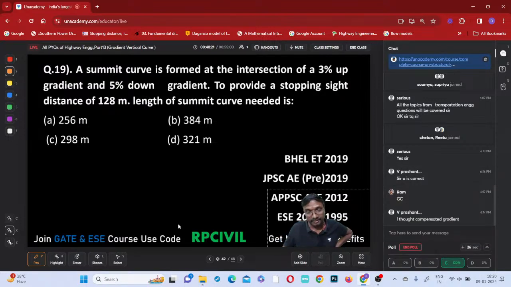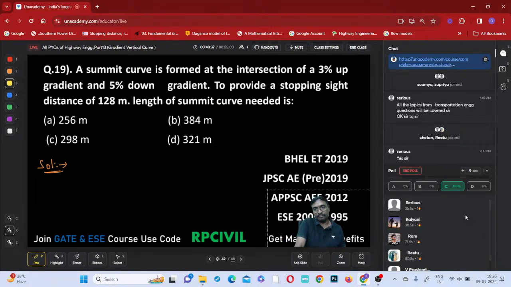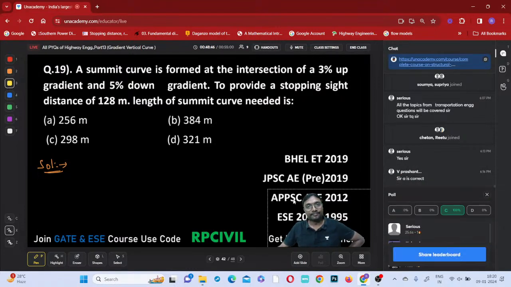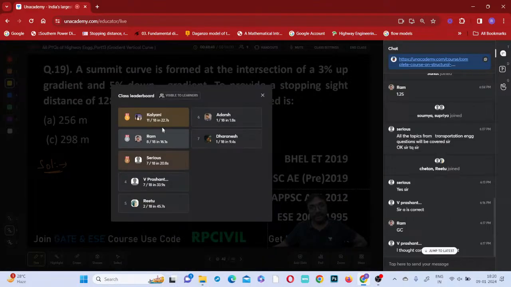Okay. 298. Check it. Prashant also answered correctly. 100% correctly answered. This is the leaderboard finally. Kalyani first, Ram second, Serious third. Like that. Prashant, Ritu, others, Dhanesh.